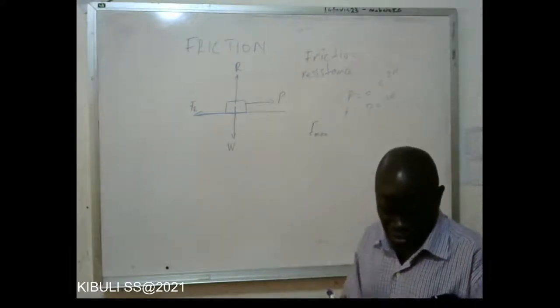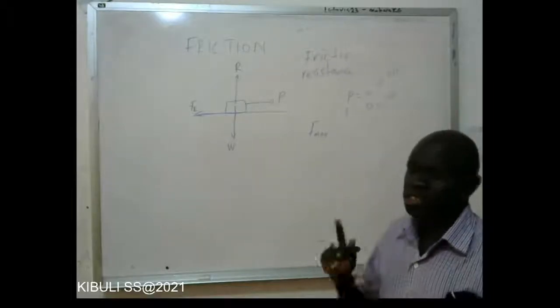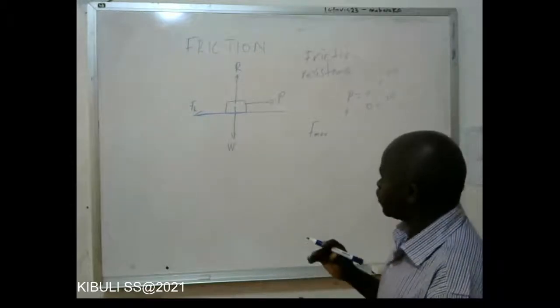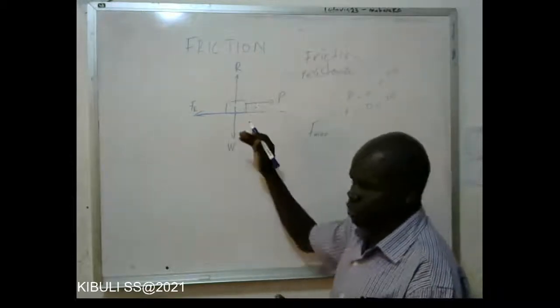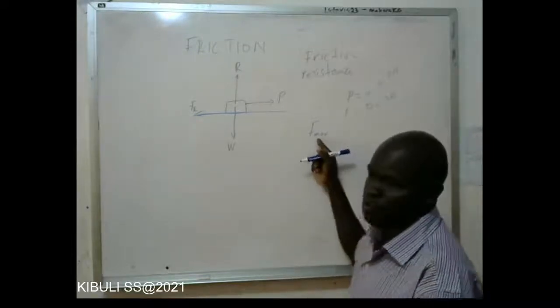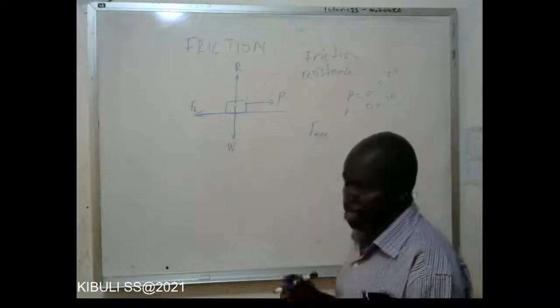It is the maximum friction, beyond which it will not increase. So the maximum friction between two surfaces in contact is F max. It will not go beyond this value.